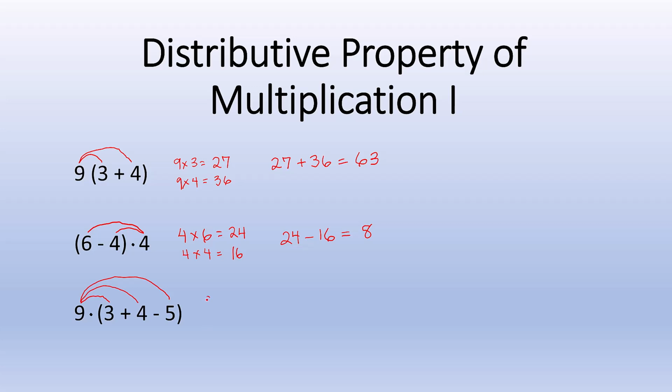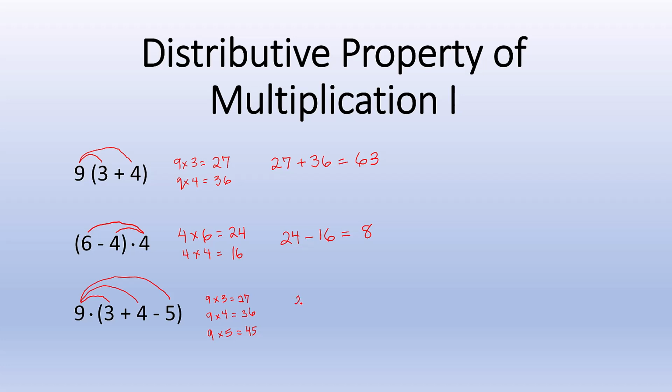So I have 9 times 3. That equals 27. I have 9 times 4. That's 36. And then I have 9 times 5, which is equal to 45. Now that I've done all of my multiplication or all of my distributing, I can go ahead and solve.